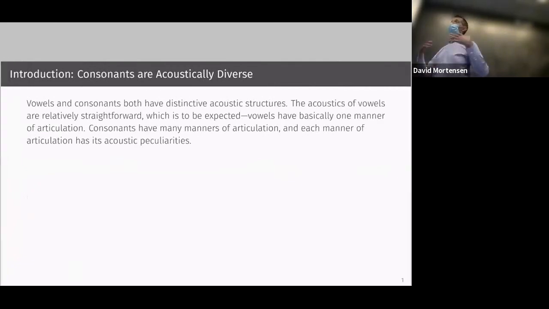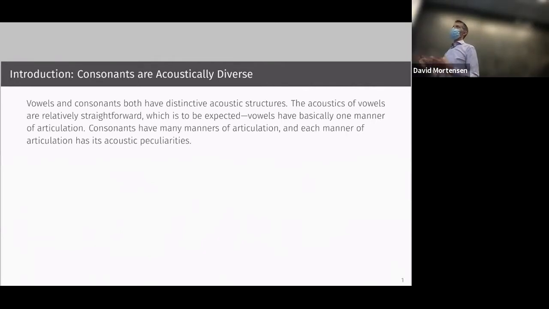The big overarching theme is that vowels and consonants are acoustically diverse, and that consonants are much more diverse acoustically than vowels. So vowels, if you think about them, are mostly all the same. Your vocal tract is pretty open, sometimes more open than others, but it's always pretty open.